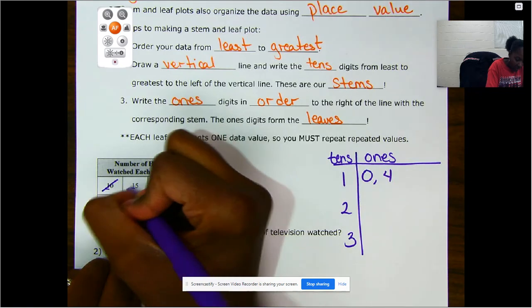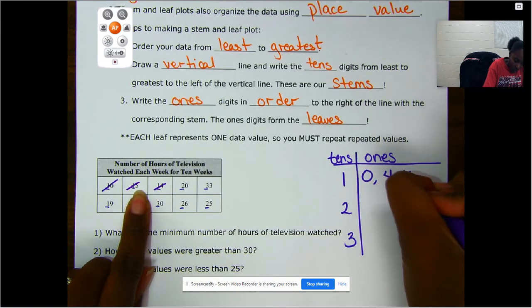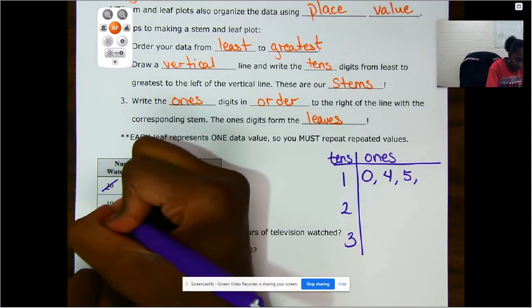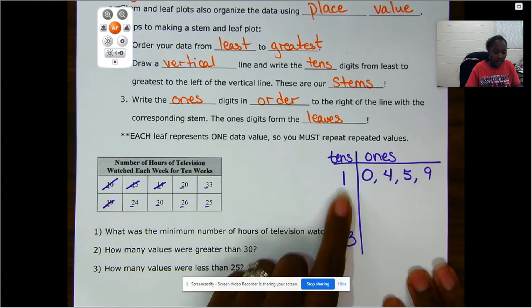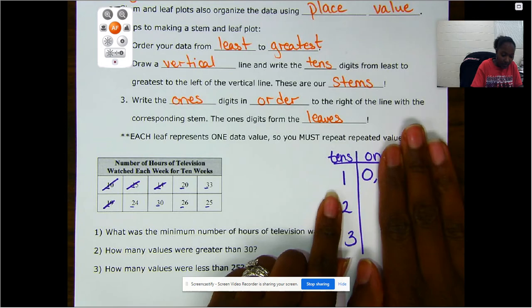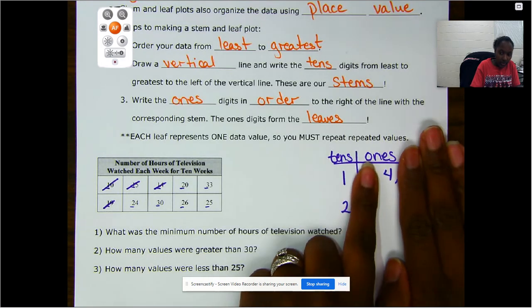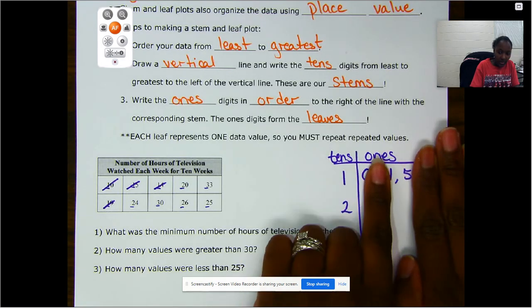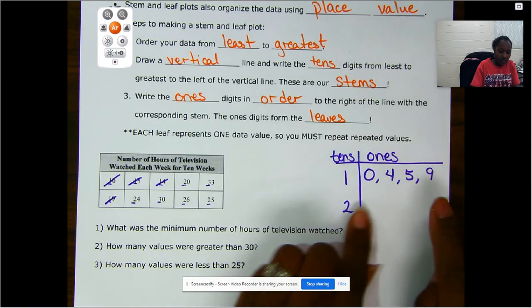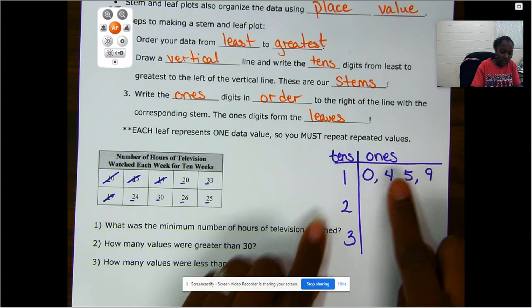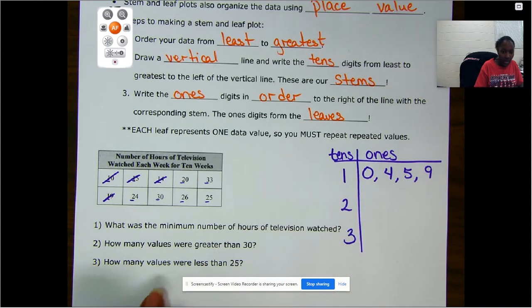I have a 5. And looks like the last one is a 9. So look, this is how you read this. This is saying 10. Then you're saying 14. Then you're saying 15. Then you're saying 19, right? So that's how you read it. It's just separating the numbers out, okay?